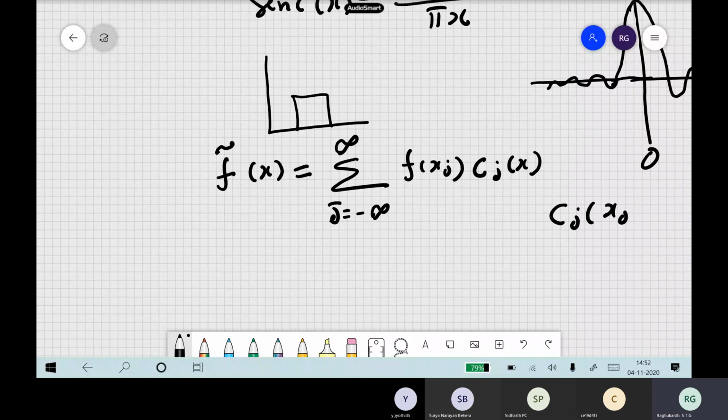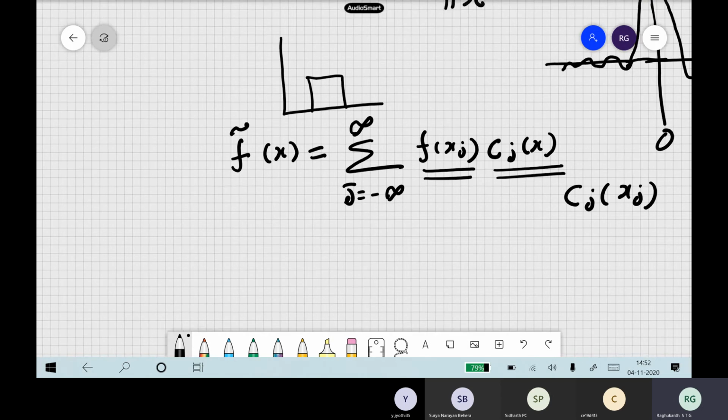Both are delta jk, so this becomes one, and finally you are left with the functional value itself. So it is just representing your function value itself. This is what we call the cardinal representation.